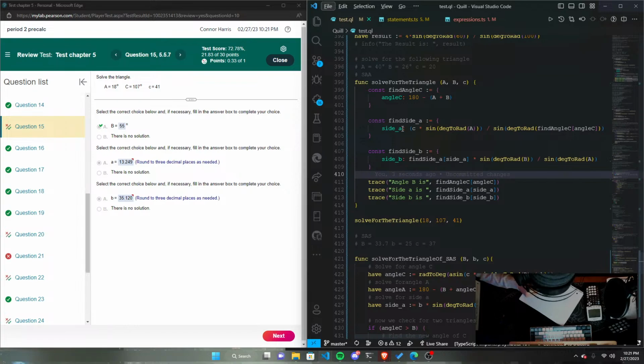We know c and little c. So we can do a over sine of a equals c over sine of c. We don't have to do the b. So a over sine a is equal to c over sine c. Like this.